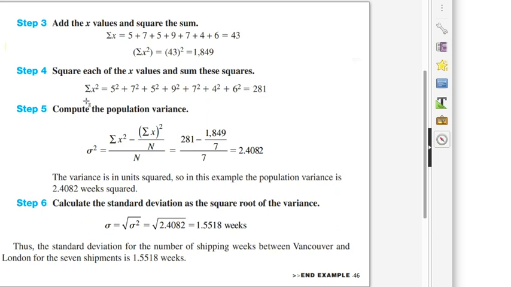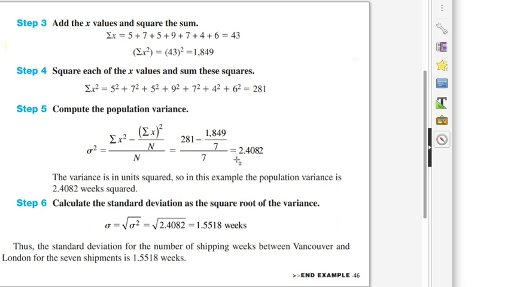The sum of the squares is 281 minus the square of the sum, divided by 7, and all over 7.